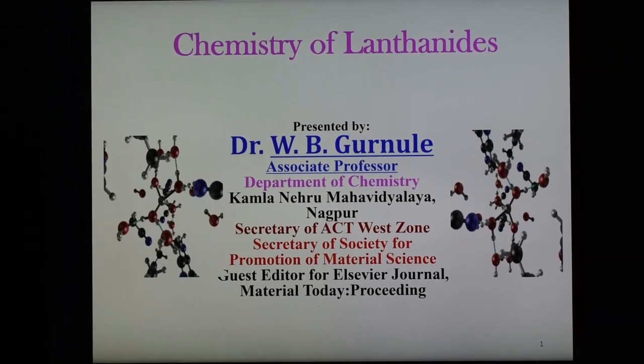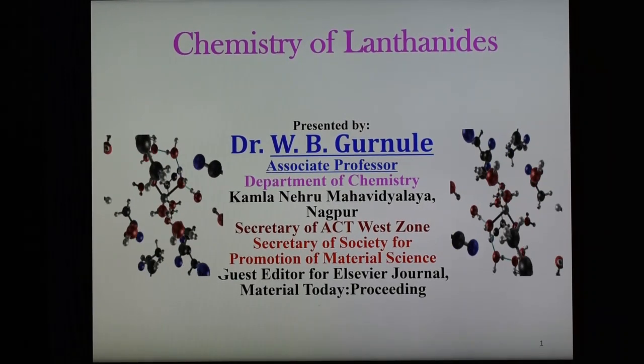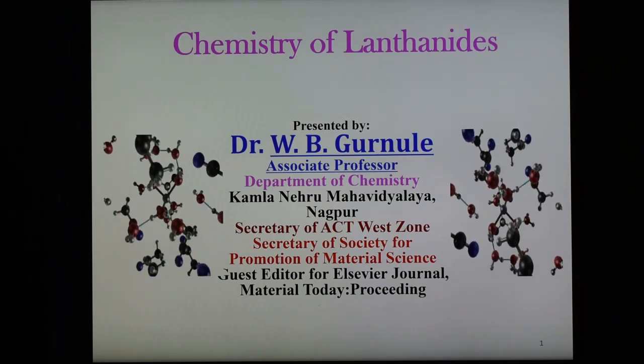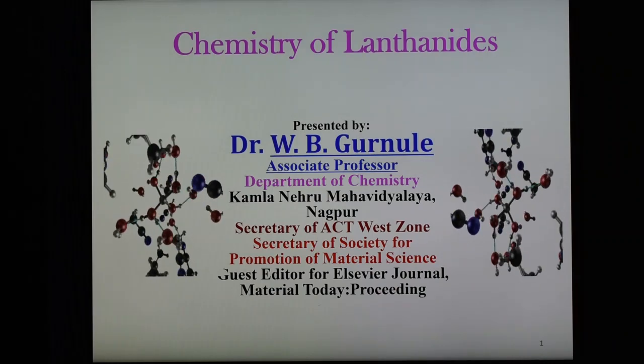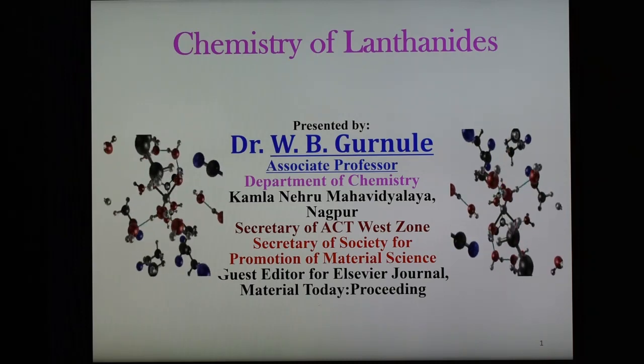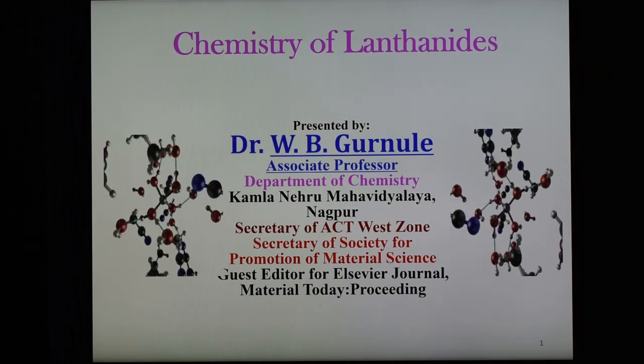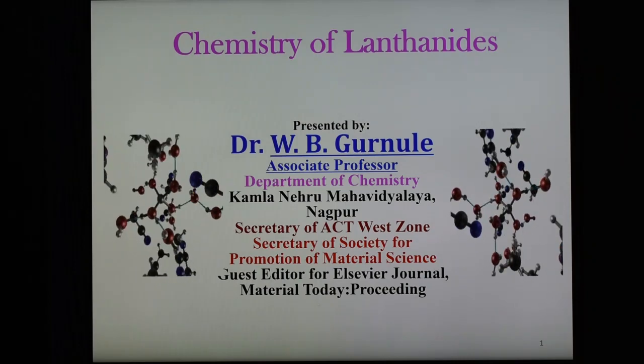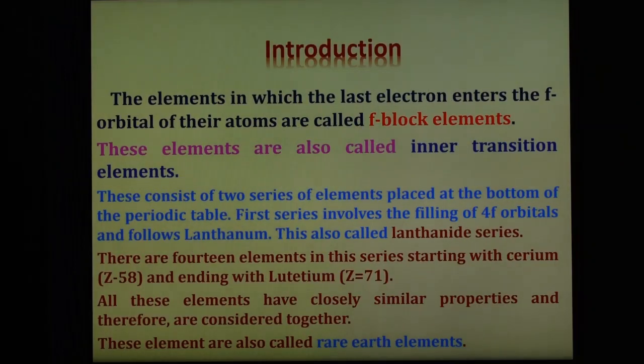The first series, the 4f series, is known as lanthanide, and this lanthanide is also known as the rare earth elements, and sometimes it is also known as inner transition element. And here the total elements of the lanthanides are 14, starting from lanthanum as the first element, and from cerium to lutetium are the 14 elements in the series.